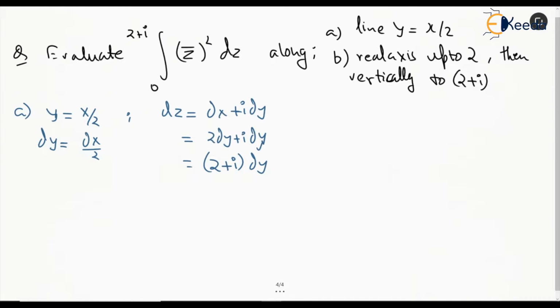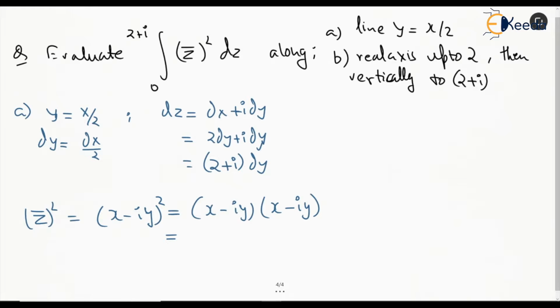Right? Now what is this z conjugate square? This is x minus iy square, and we can write it like this also for convenience.